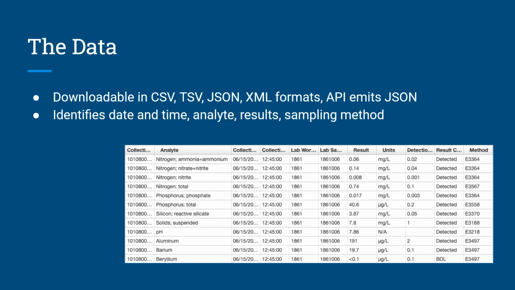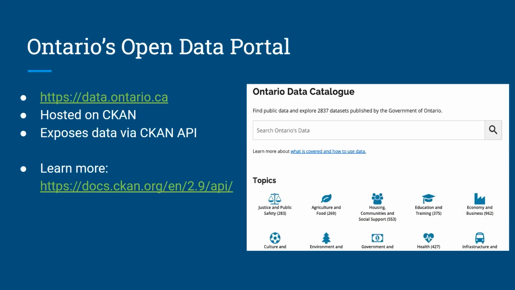So in this particular example, we are collecting the data on the sites as well, because those identifying numbers don't mean a whole lot, and we do want to visualize this data. And one of the things that people will want to know when they're taking a look at a chart is, what stream or river's information am I looking at? So that's what the data looks like, and we get access to it through the Ontario Open Data Portal.